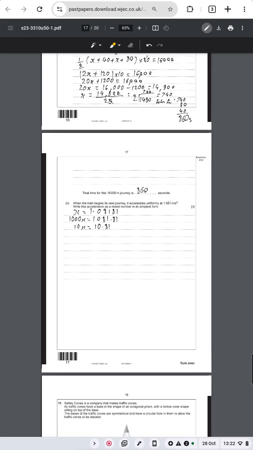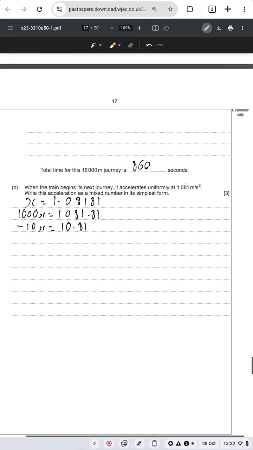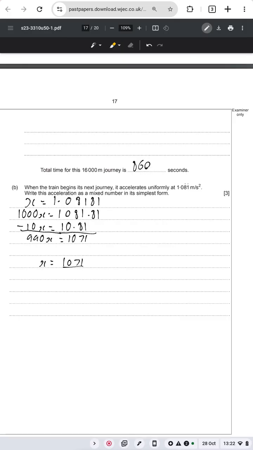If I take these two away from each other, what we end up with is 990x is equal to 1071. This means x is equal to 1071 over 990.